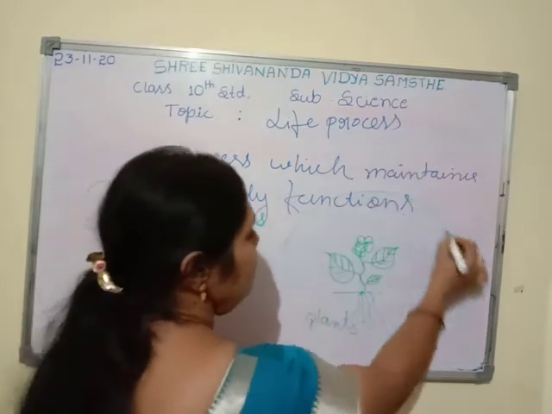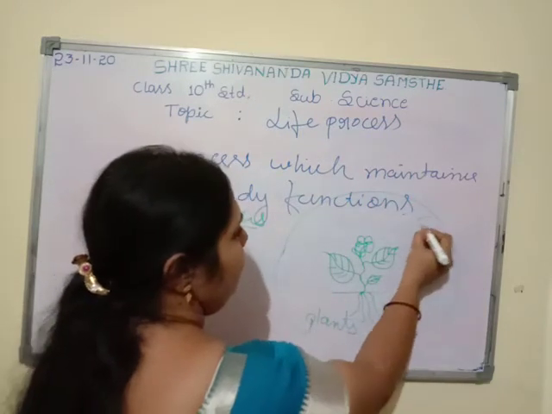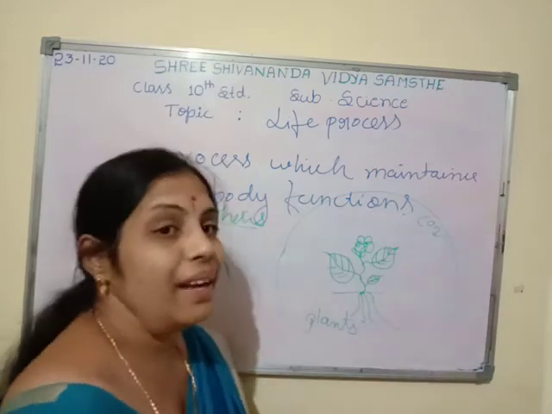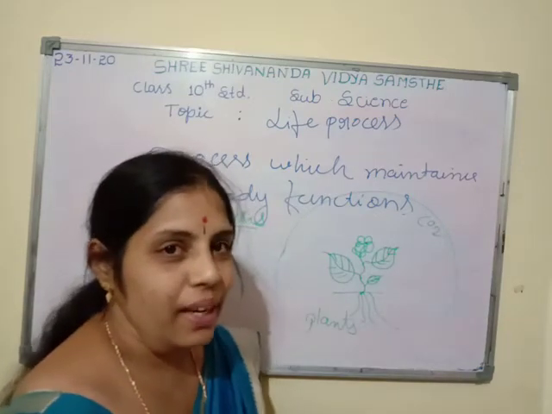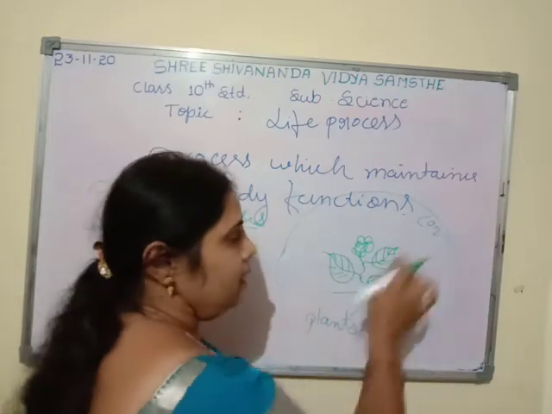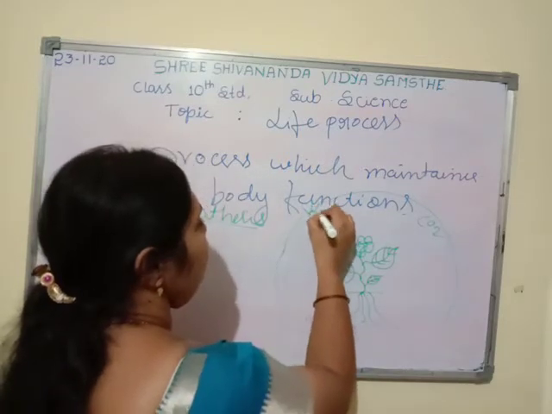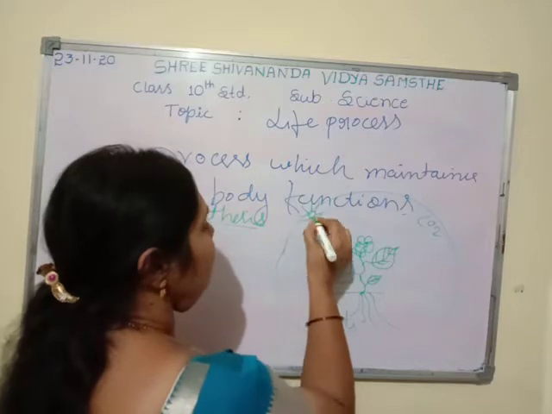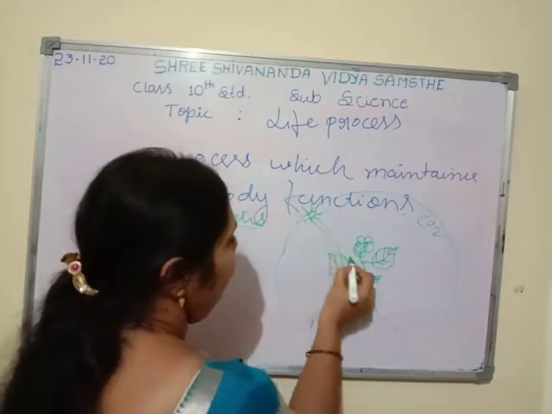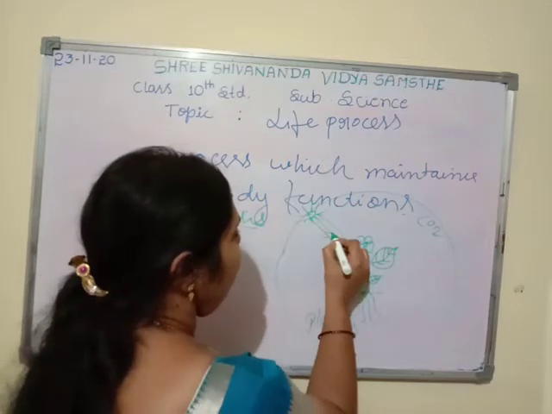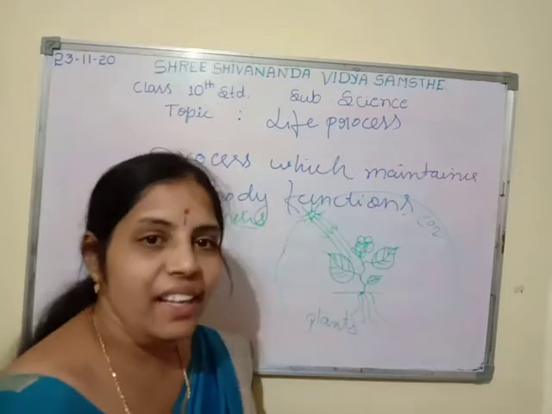In the surrounding environment, they take carbon dioxide. Mainly what does it need? Carbon dioxide and also sunlight. Assume this is the sunlight. When the sunlight falls on the plant, it gets light energy.